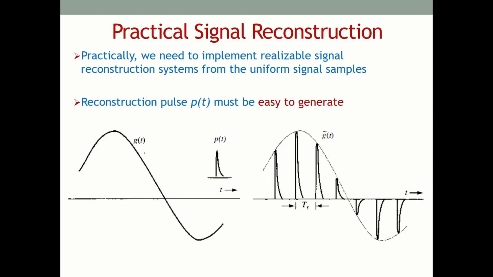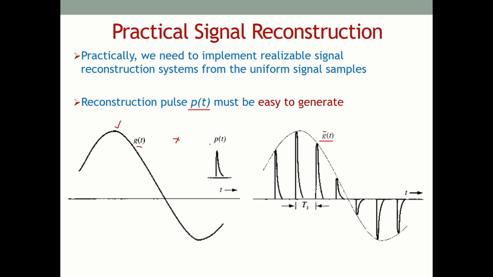Let's say g(t) is our signal that we need to sample. The impulses are replaced with these pulses p(t). Let's say they have a shape like this, and when we multiply these two signals in the time domain, we get these pulses repeated at regular intervals, and their amplitudes are modified according to the signal g(t).